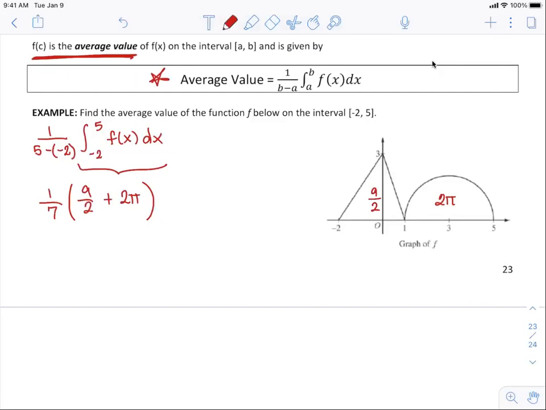So we're going to have 1/7 times 9 divided by 2 plus 2 pi. Okay, so I get approximately, because we're rounding, 1.540. Now, what we're saying is 1.54, that's going to be just a little bit past 1.5.